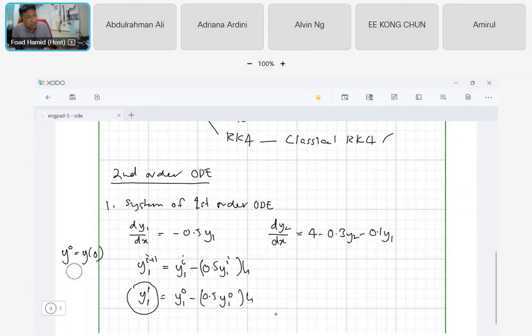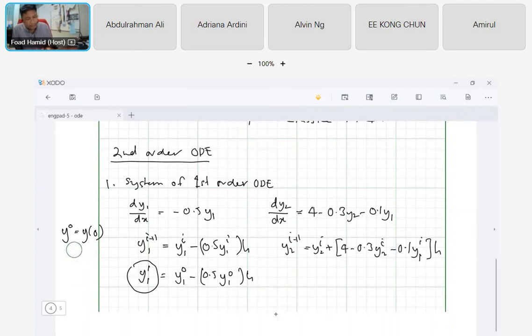If we solve for the second one, y2(i+1) equals y2(i) plus 4 minus 0.3 y2(i) minus 0.1 y1(i) times h.